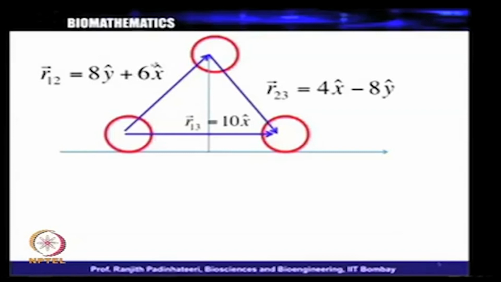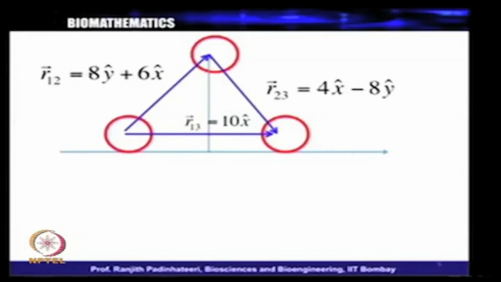If you move 6 along the x direction, from here to here, and 8 along the y direction, from here to here, you will reach the second charge. That is precisely what this means.